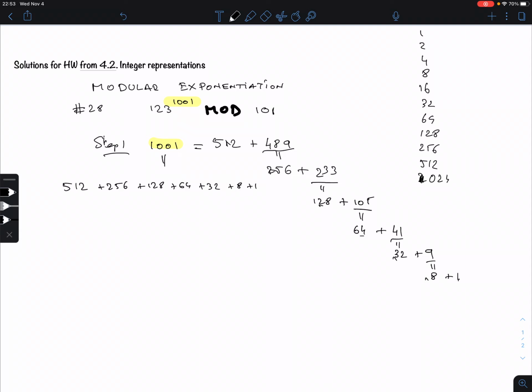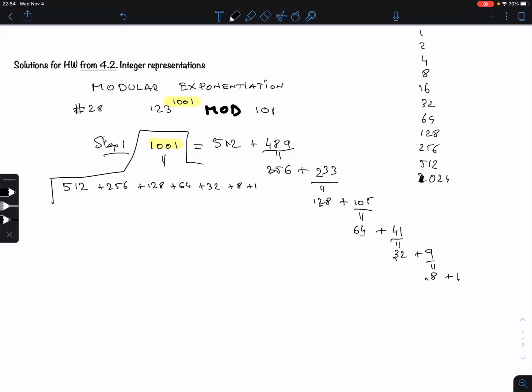Now, I just want to double check because I don't want to make a mistake again. 512 plus 256 plus 128 plus 64 plus 32 plus 8 plus 1 is 1001. Okay, that is correct. So this is the first step I've done.